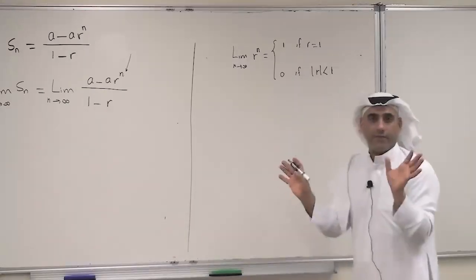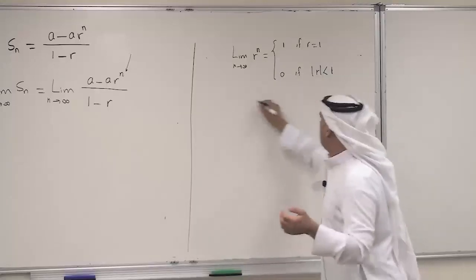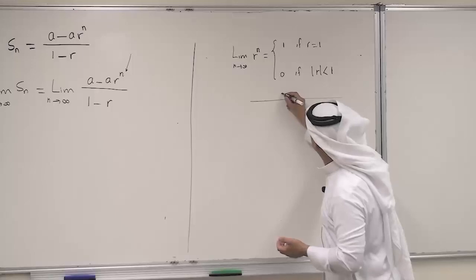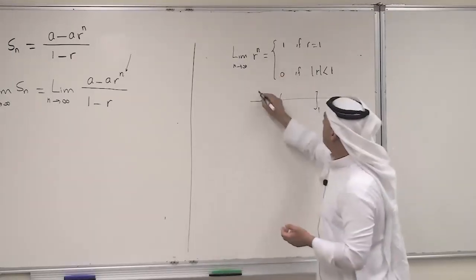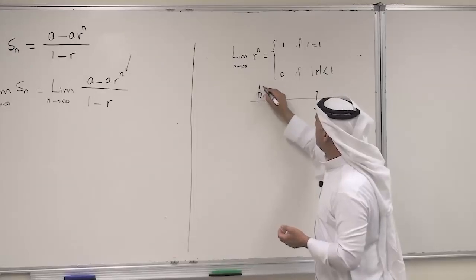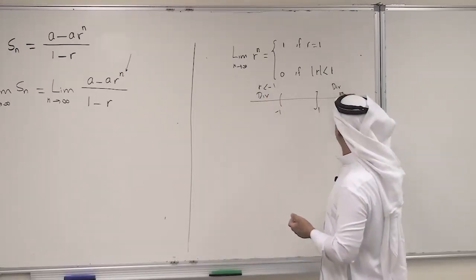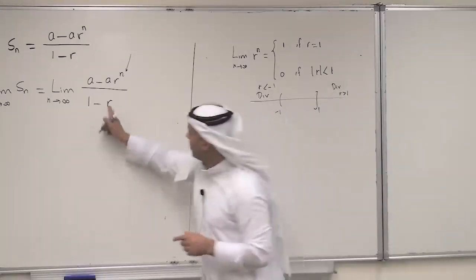Otherwise, it is divergent. If r is greater than 1 or less than minus 1, then this sequence is divergent. So we have convergence only between minus 1 and 1 for r to the n. It is divergent for r less than minus 1, and it is divergent for r greater than 1. Okay, but again we have a problem at r equal to 1.